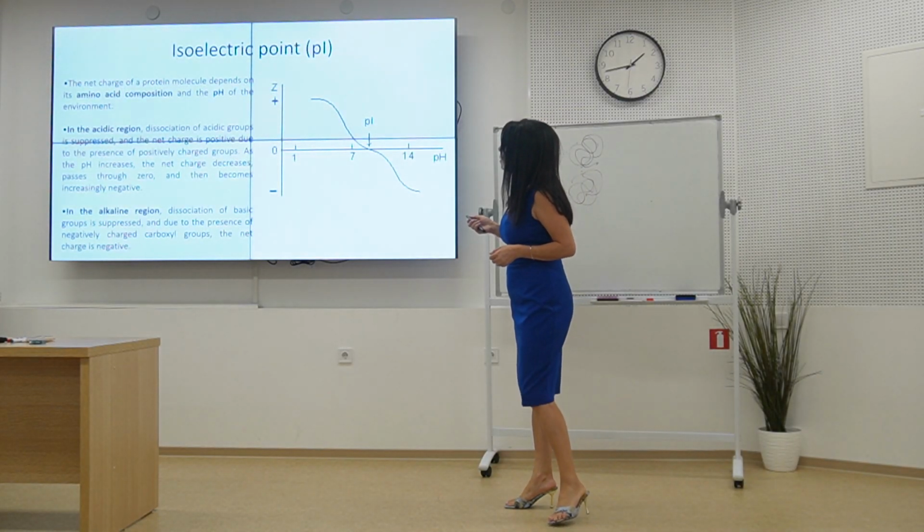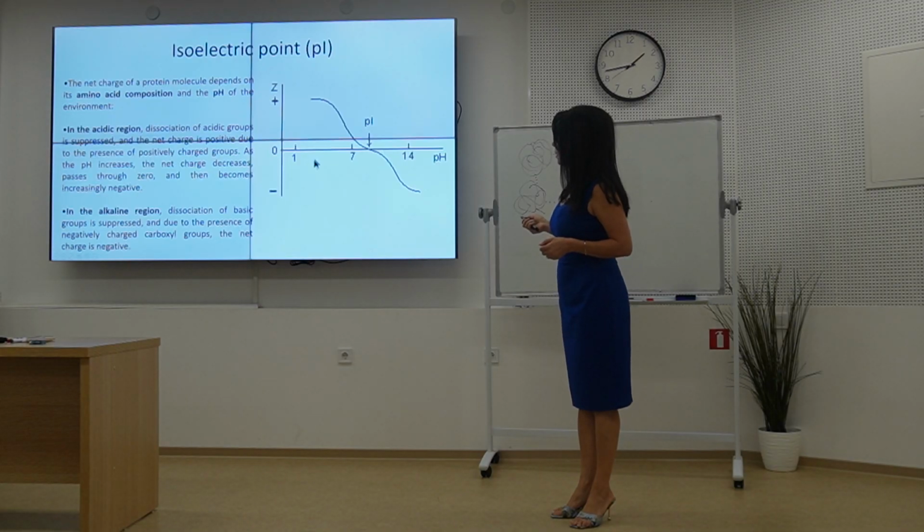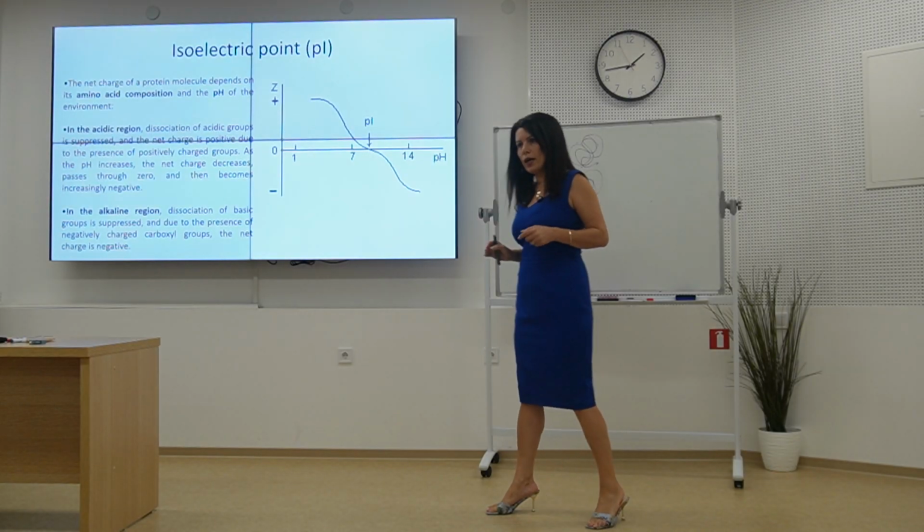You can see in this figure, this is the pH, in the acidic region, somewhere here, the dissociation of acidic groups is suppressed and the net charge is positive, which means we have protonated amino groups.